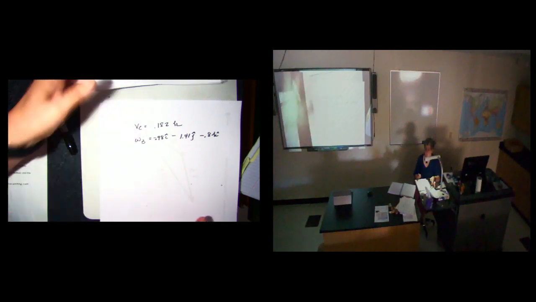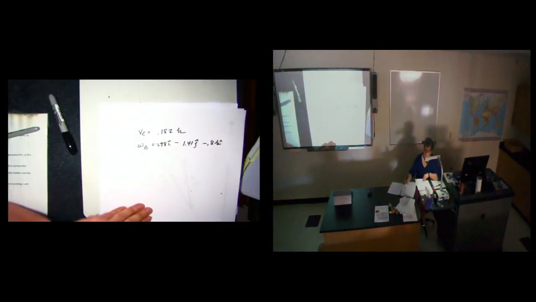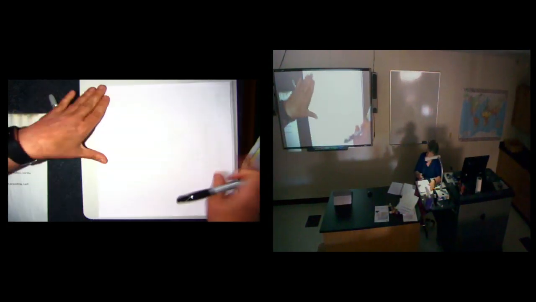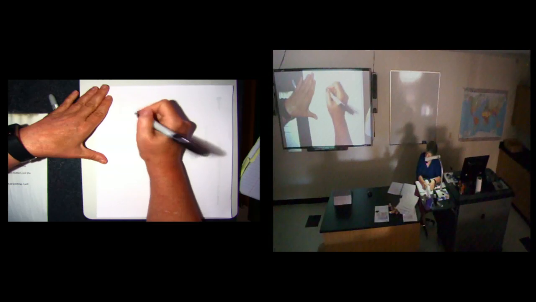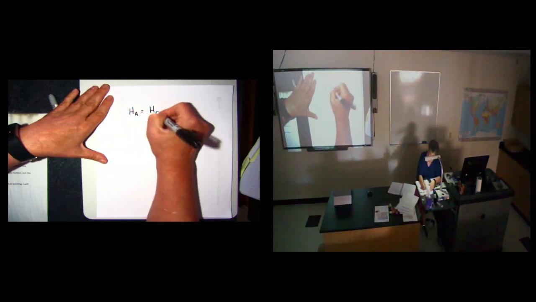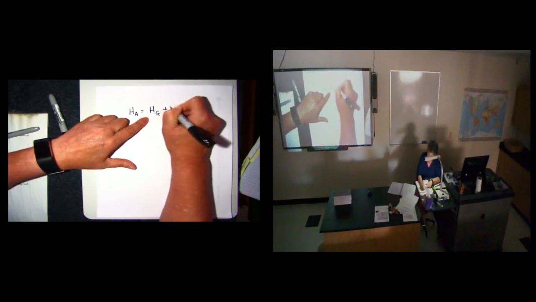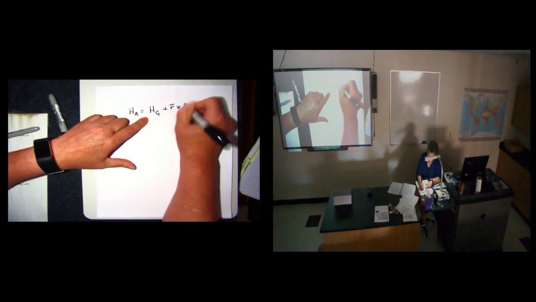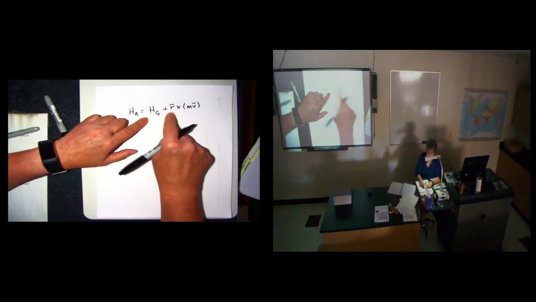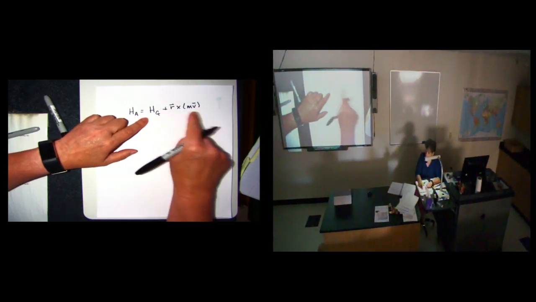All right, one more thing I want to introduce, just so you guys have seen it. Let's look at angular momentum. Remember that H of A is equal to my center of gravity term plus R cross MV, where R is my relative position vector, and this is my linear momentum of my system.